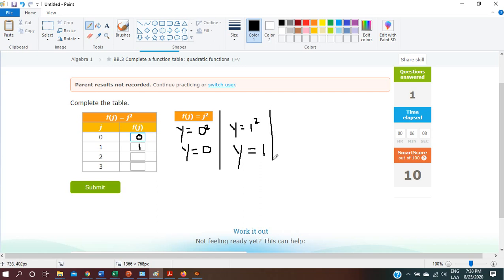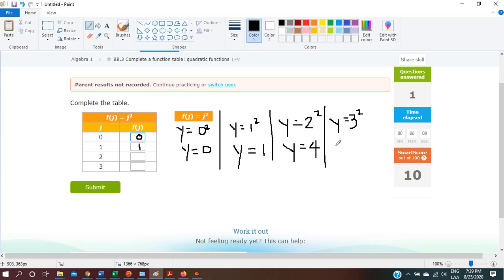The next one, j equals 2 squared, because the value of j now is 2, and it is squared. 2 times 2 equals 4. And the very last one, y equals j squared. What is the value of j? Now the value is 3.